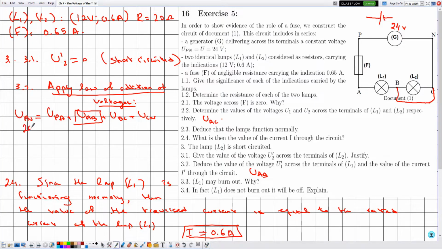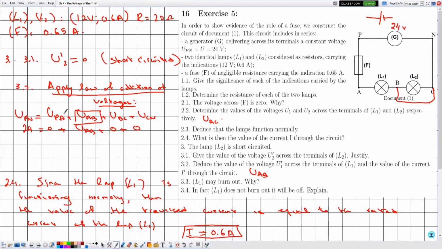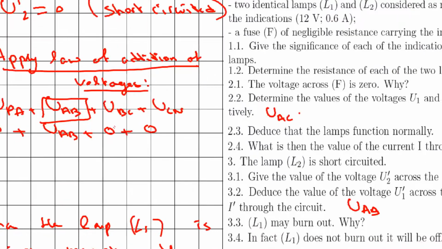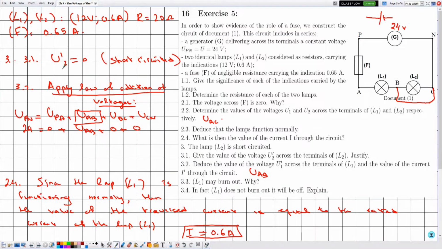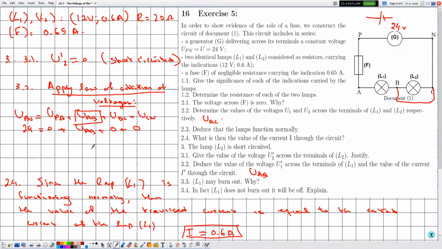So this is 24, this is 0, plus UAB kept as an unknown, plus 0, plus 0. So UCN we justified previously why it is 0, as well as UPA, and this UBC has been justified because U prime 2 is equal to 0. Now U prime 2 is this voltage, okay? Now in this case UAB is equal to, sorry, 24.